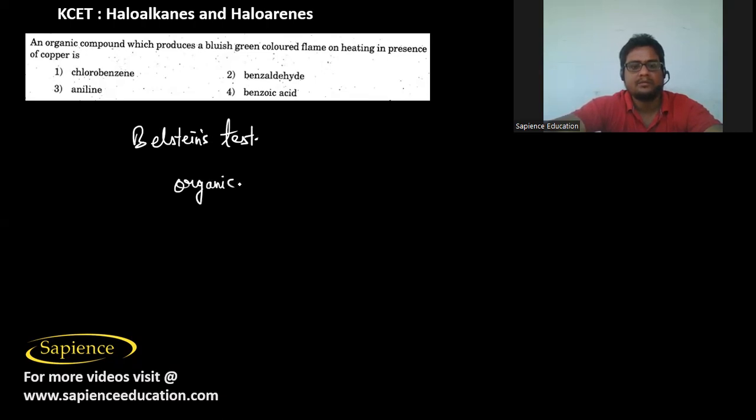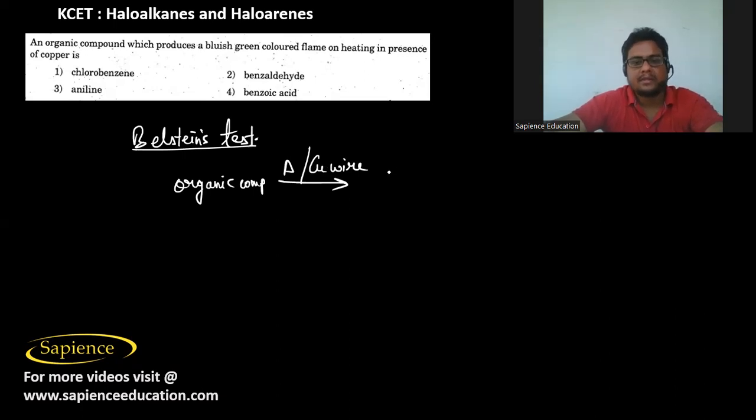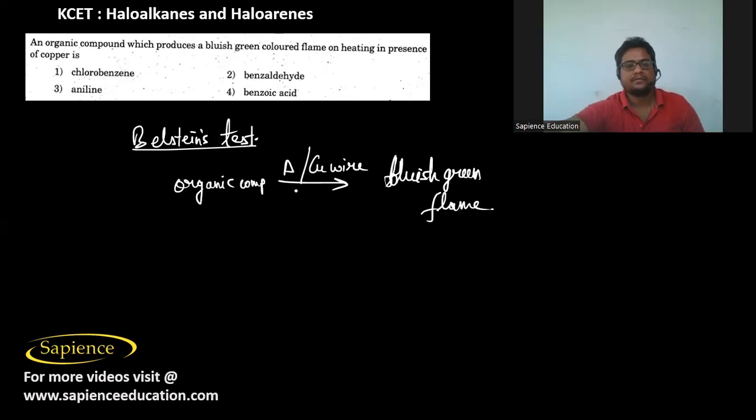If an organic compound is heated in the presence of a copper wire, it will form a bluish green flame if the organic compound contains a halogen.